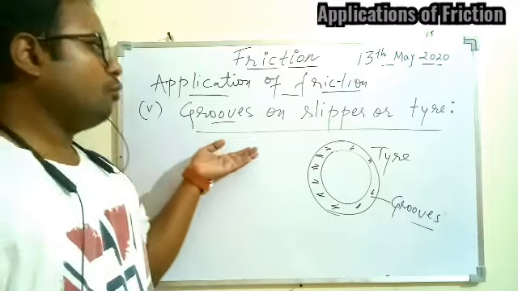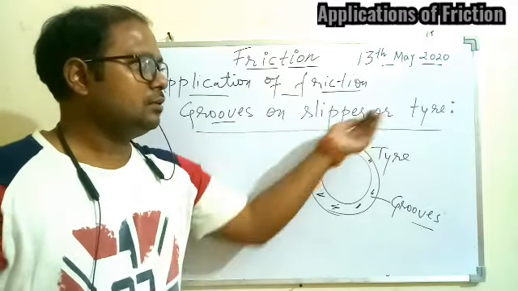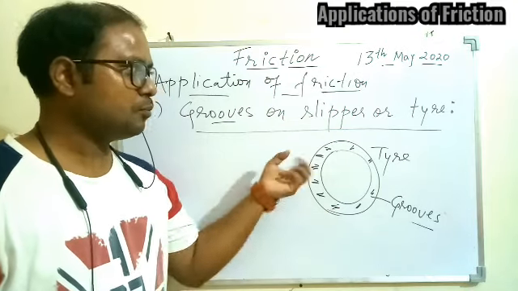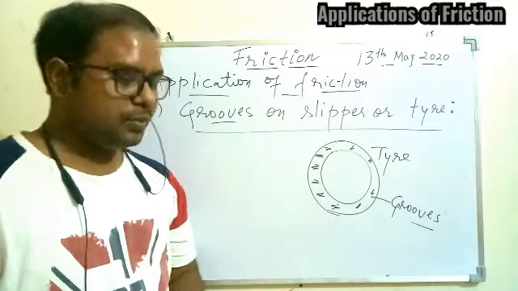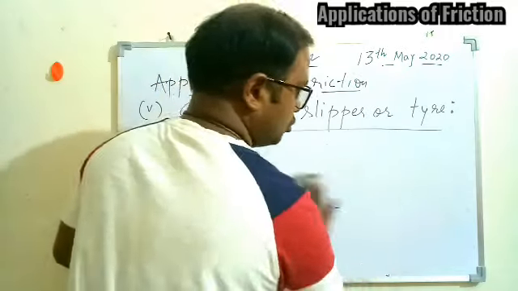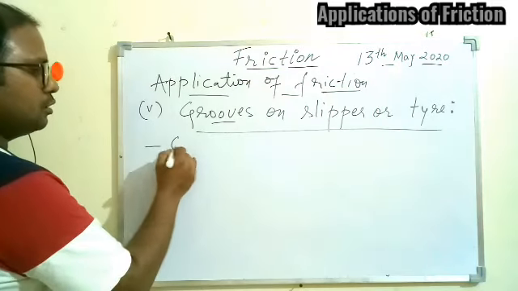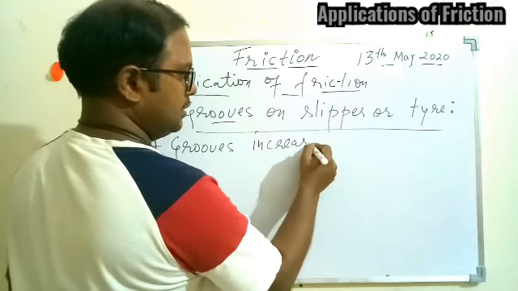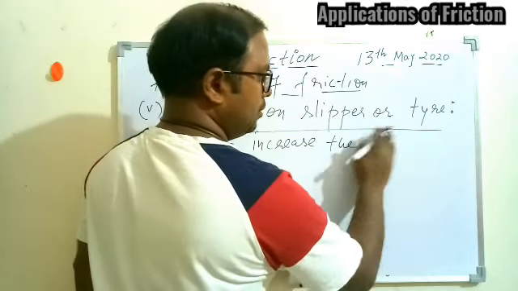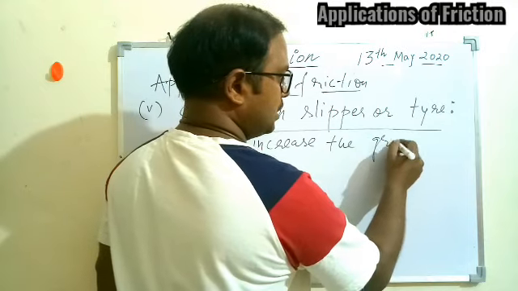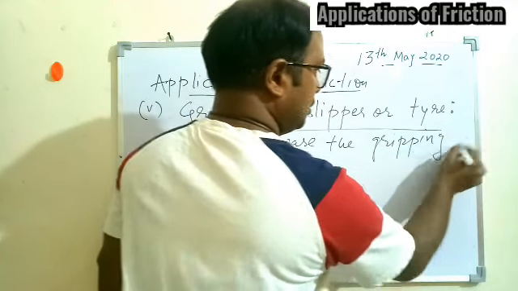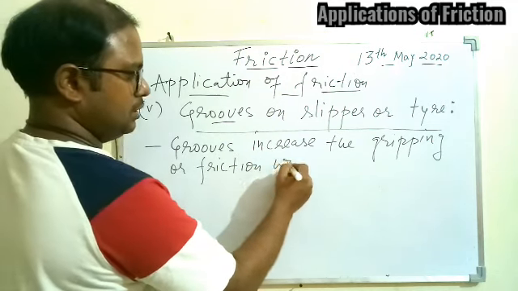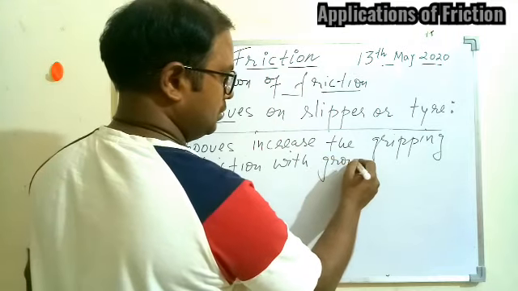So we can say, to walk using the slipper or the tires, to move, or the wheels to move on the ground, we should have proper friction so that it can be done, otherwise it's difficult. So we can say that the grooves increase the gripping or friction with ground.